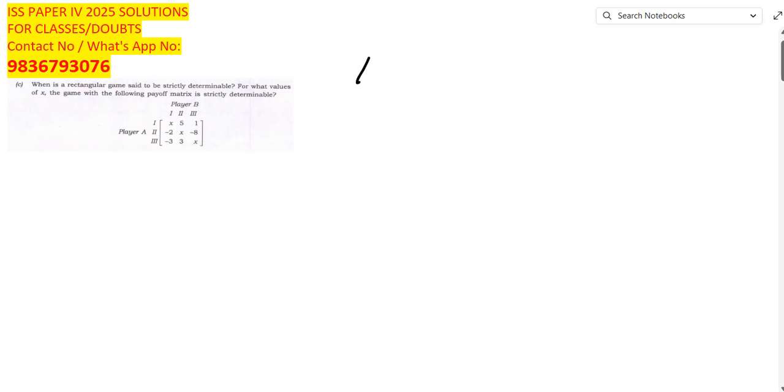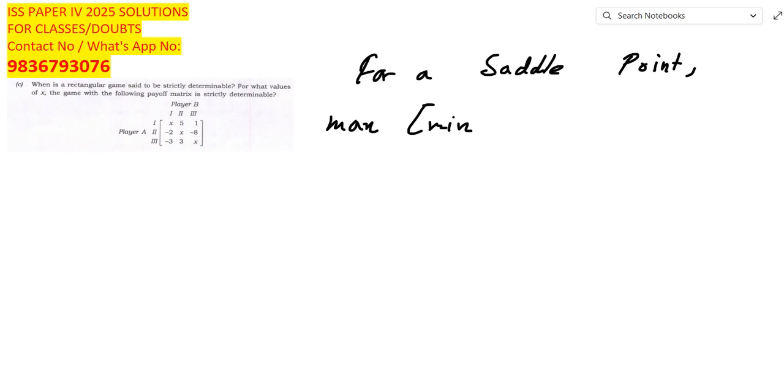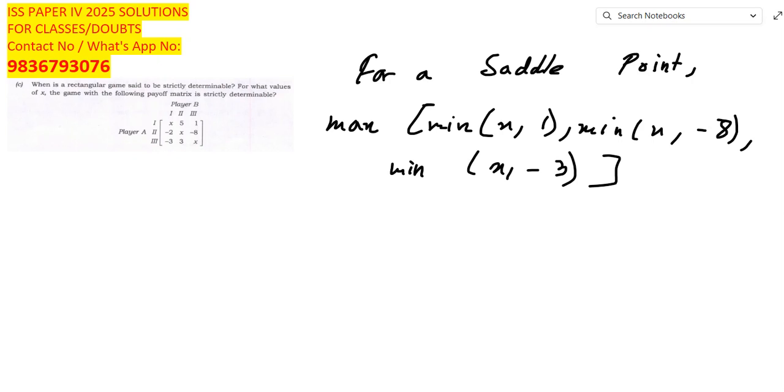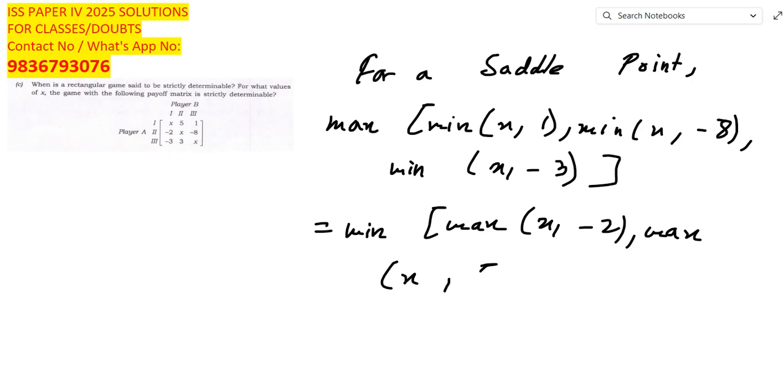So solving for maximum of minimum of x comma 1, minimum of x comma minus 8, minimum of x comma minus 3, that will be equivalent to minimum of maximum of x comma 3, maximum of x comma 5, which we have already calculated, and maximum of x comma 1.